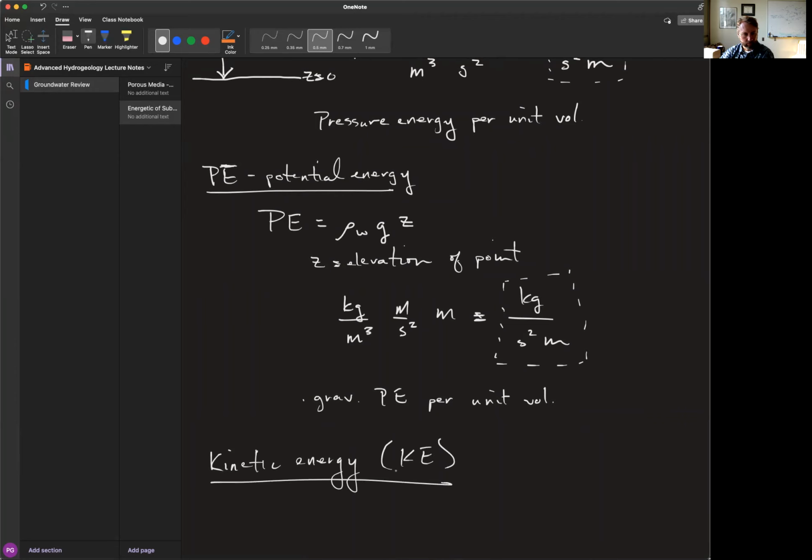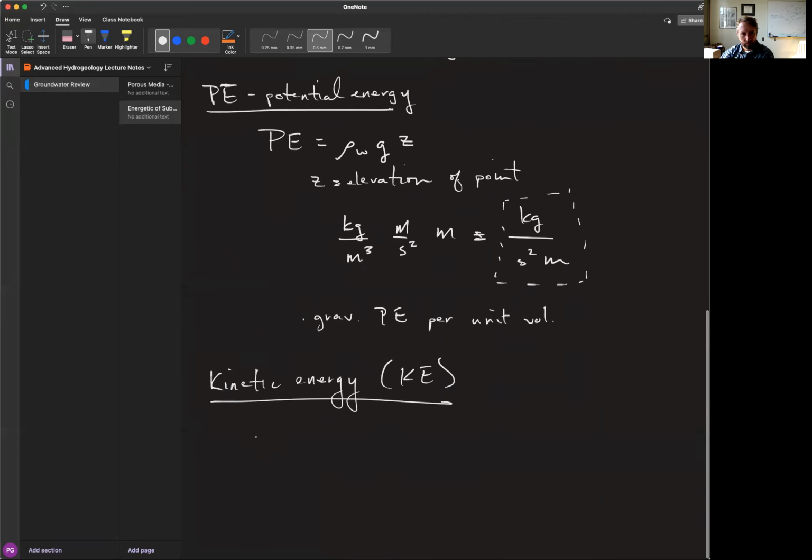And this is 1/2 rho water v squared, where my v is small here. All right. And this is my velocity.